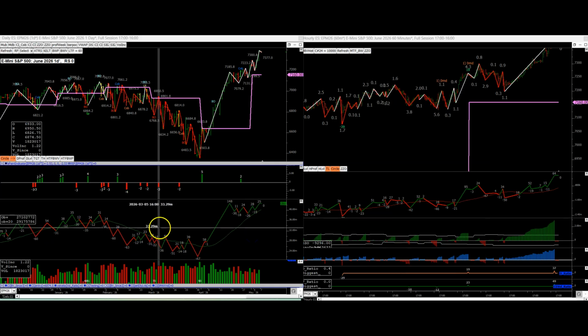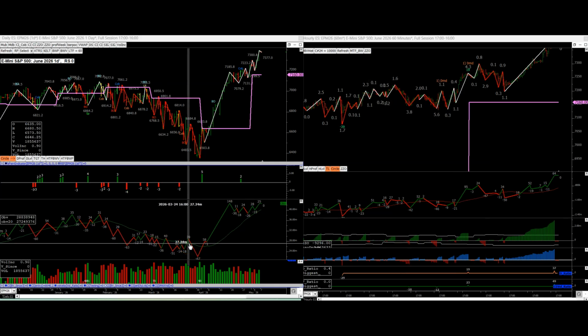So this is, in my opinion, the evolution of wave volume, using an old indicator called on balance volume and just putting zigzag on it.